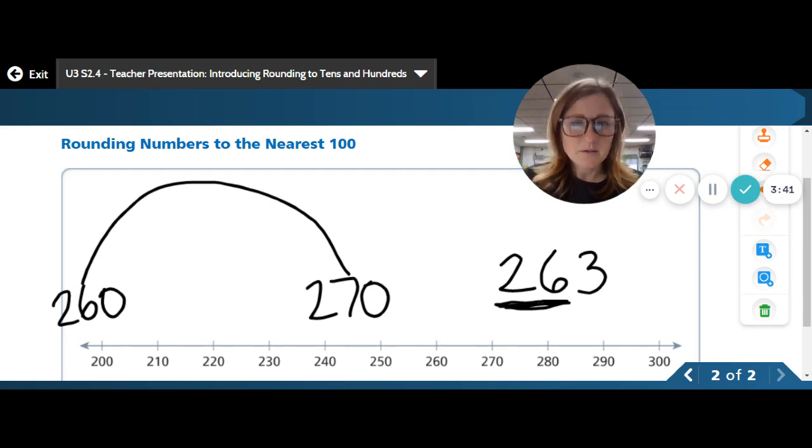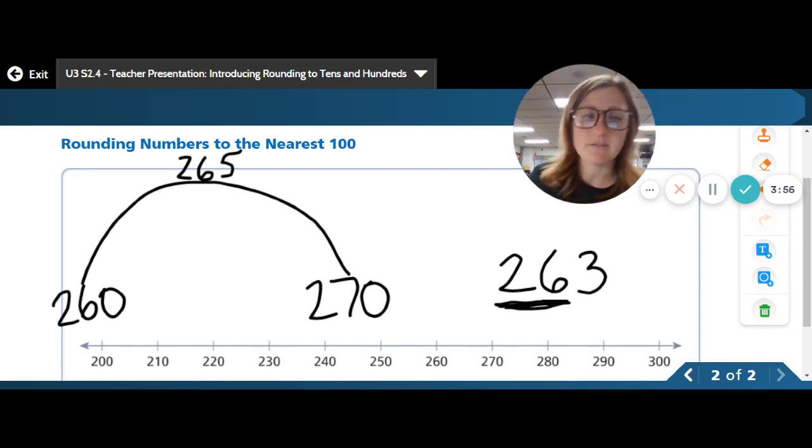The next step that's also helpful is to find the middle. The middle between 10 is 5 because 5 plus 5 is 10. That means that the top of my mountain is 265. 60, 65, 70. Hopefully that makes sense.